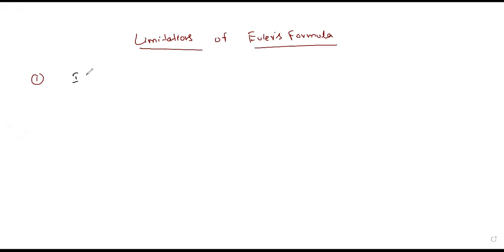Okay, so let me write it again. Limitations of Euler's formula. What is the first limitation? For an ideal column or strut, this Euler's formula is applicable.